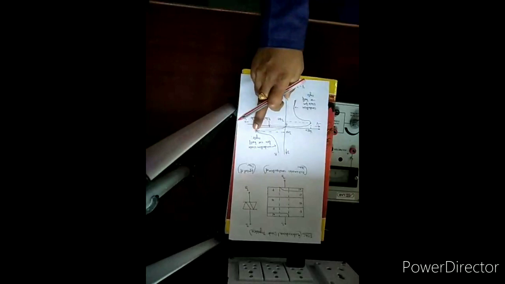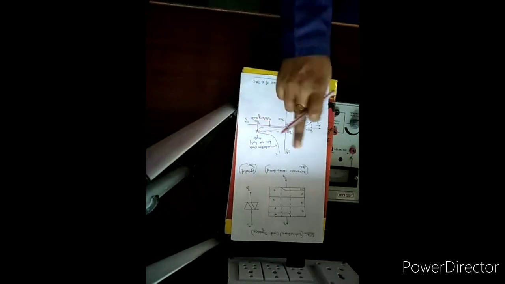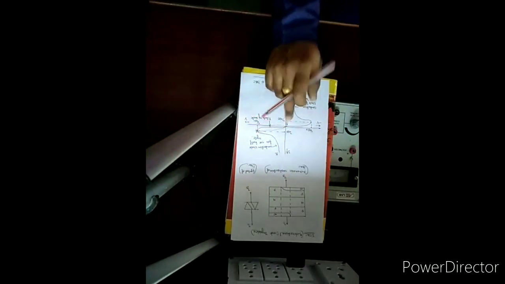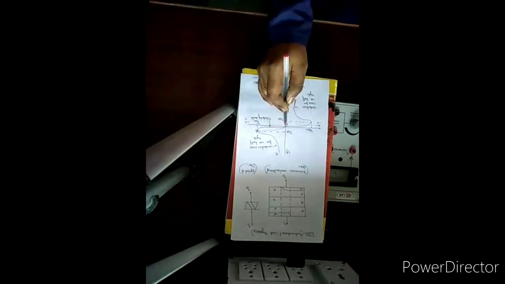Now, once the device starts conducting at point A, current is flowing through the junction. Up to the range OA, when you have not reached the breakover voltage, only a small leakage current flows through the device.